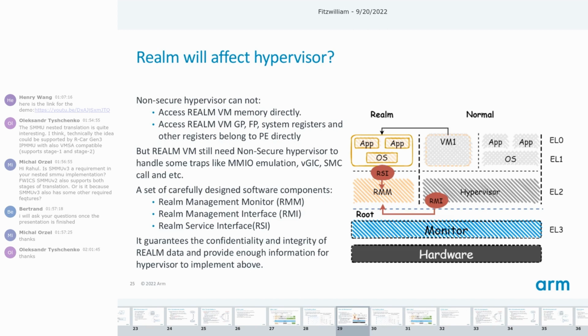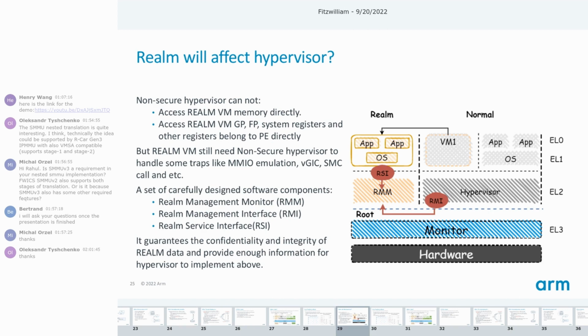So how will this affect a hypervisor like Xen? Like I said before, a non-secure hypervisor cannot access realm VM memory directly, cannot access the realm VM's GPR and system registers and other registers belonging to the PE directly.